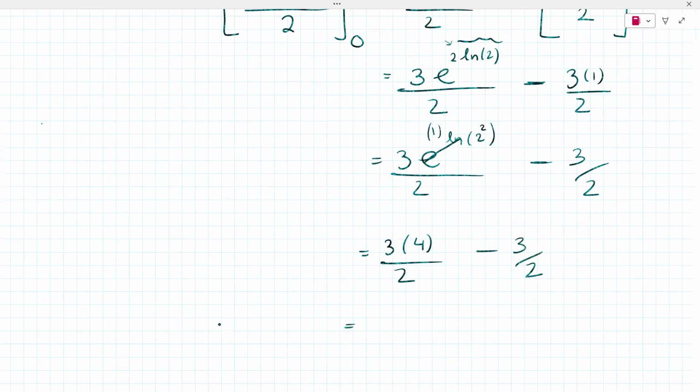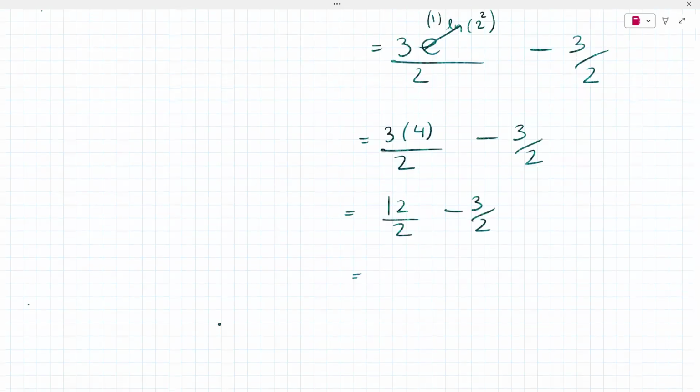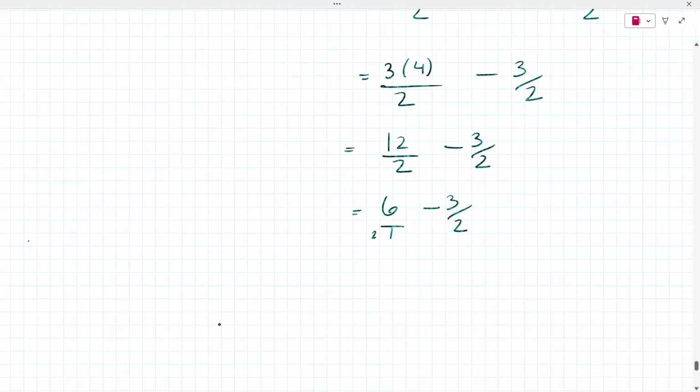And 3 times 4 is 12 over 2 minus 3 halves. And then 12 halves is 6 minus 3 halves, and that simplifies as 12 minus 3, which is 9 halves.